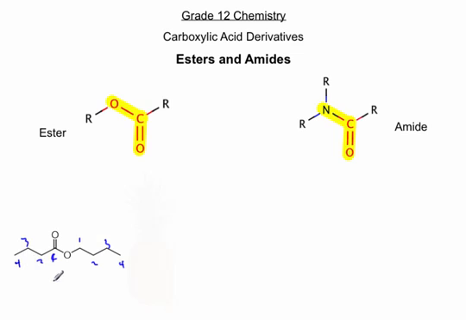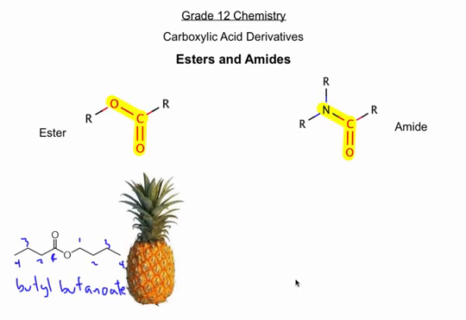That came from butanoic acid. So what this molecule is actually known as is butanoate, and that gives a particular odor, and that odor happens to be pineapple. So butanoate as a chemical is sometimes used as a food additive for the scent or essence of pineapple.